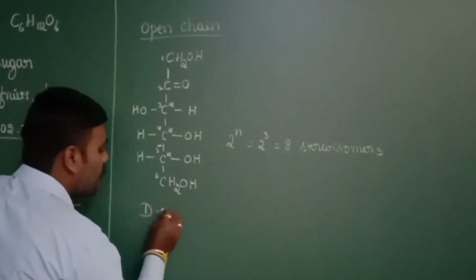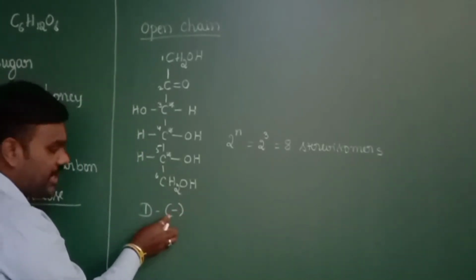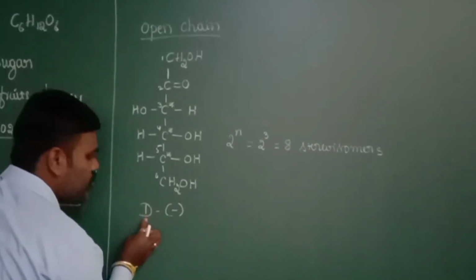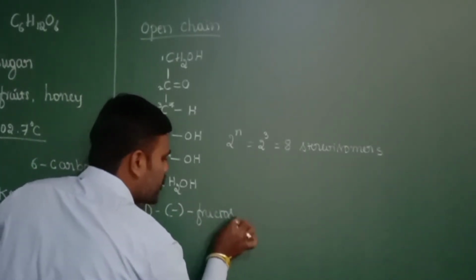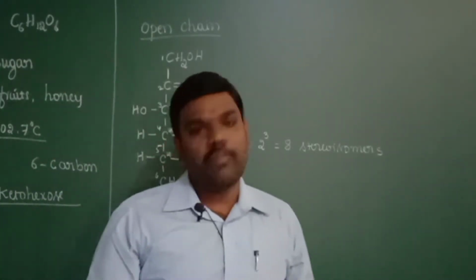Hence it is a levorotatory material, hence we present it with a negative sign. So the complete name of fructose can be written as D minus fructose. So this is the information we can clearly get from the open chain structure of fructose molecule.